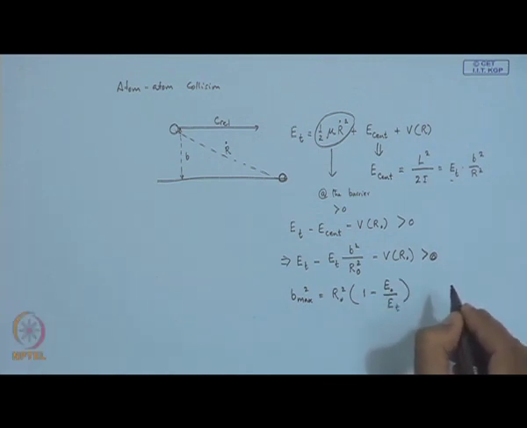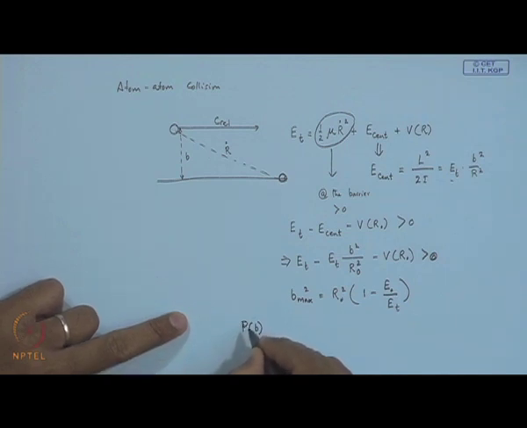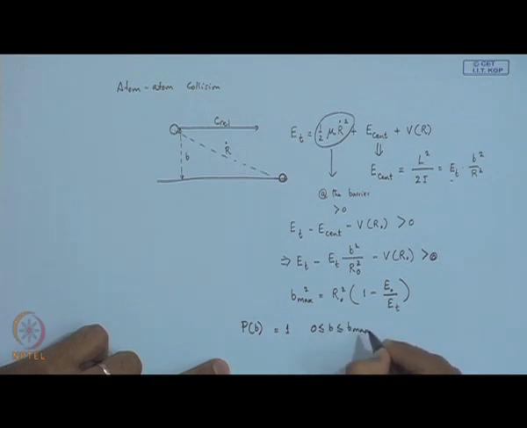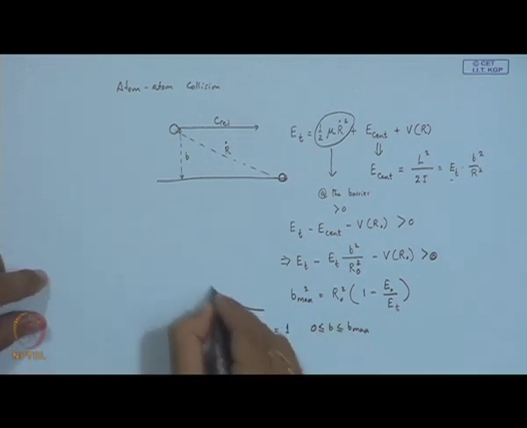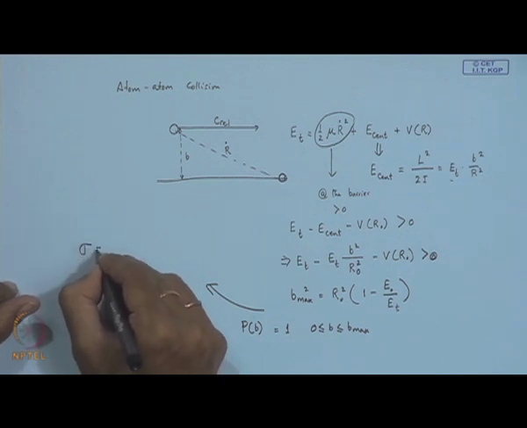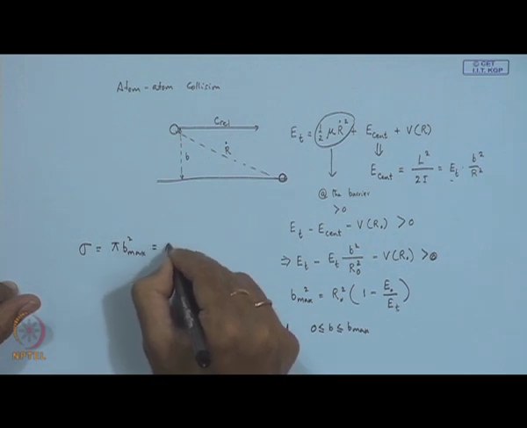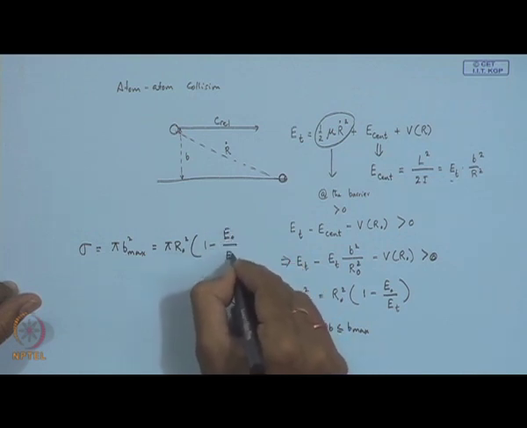Now, if we assume that P(b), the opacity function, is equal to 1 when 0 is less than or equal to b is less than or equal to b_max, this is our consideration. Then the cross section for the reaction, sigma, is equal to pi b_max squared, which is equal to pi R_0 squared times (1 minus E_0 by E_t).